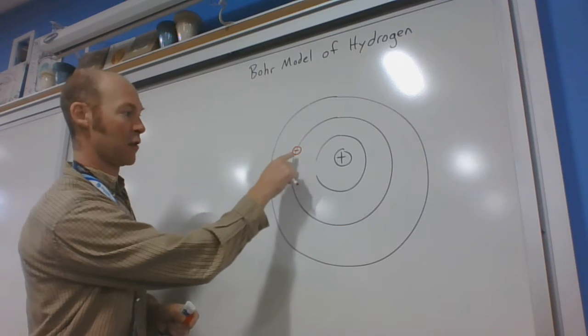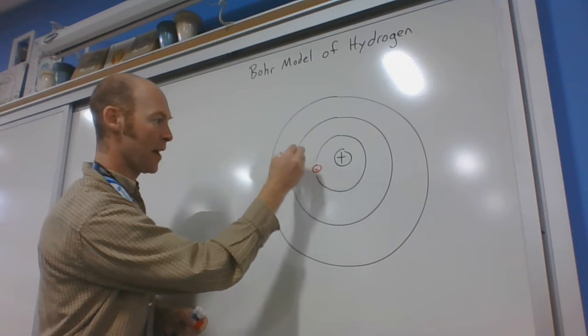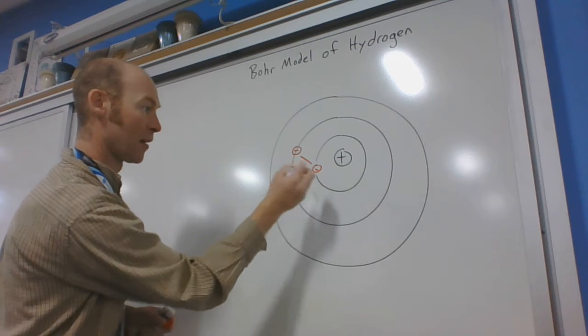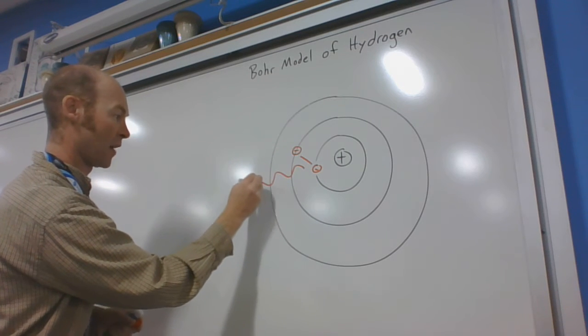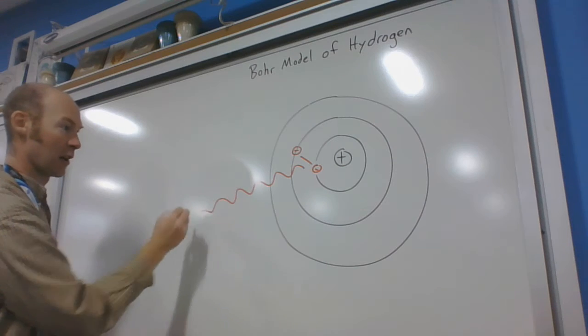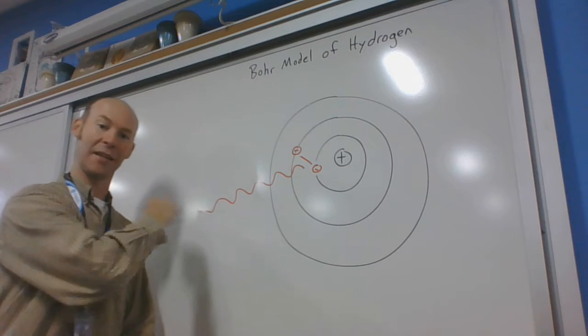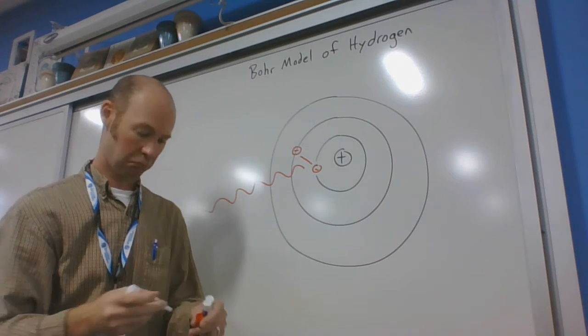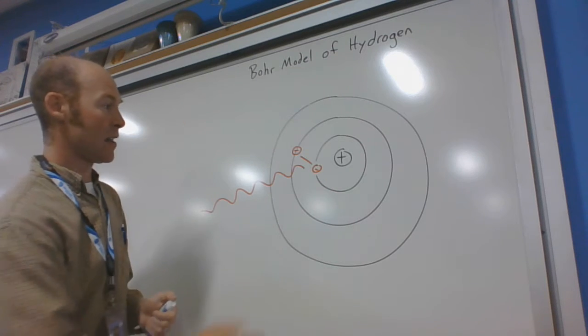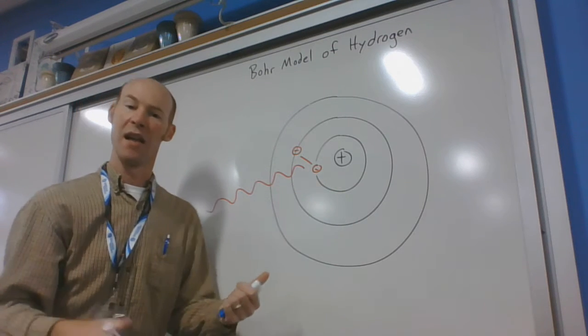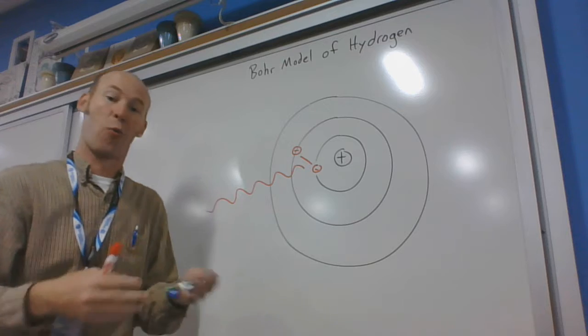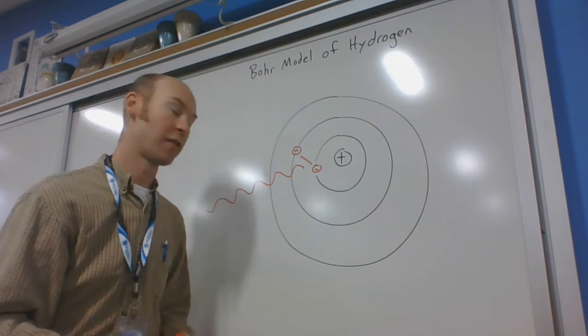And here it is, when this makes the jump, whoop, back over to here, it has to get rid of that energy. Here's that wavelength, that photon is flying out there, and hey, we can measure that. There's that light that gets emitted. All right, and hey, that wasn't a very big hop, and I used red marker on purpose. A red light, kind of lower energy light.